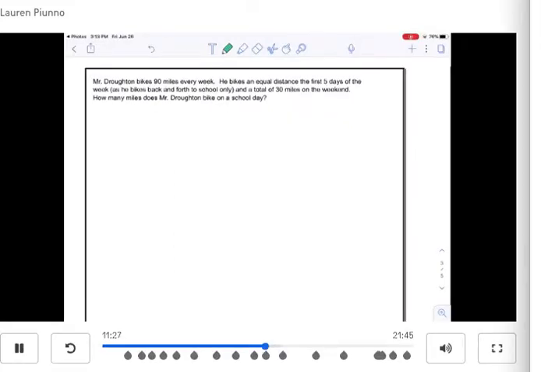So, he does 90 miles every week. The same distance for the school days, and then 30 on the weekend. I want to know how many miles he bikes on a school day. So x is going to be the miles on a school day. There are 5 school days that he's biking the same amount, plus the weekend.